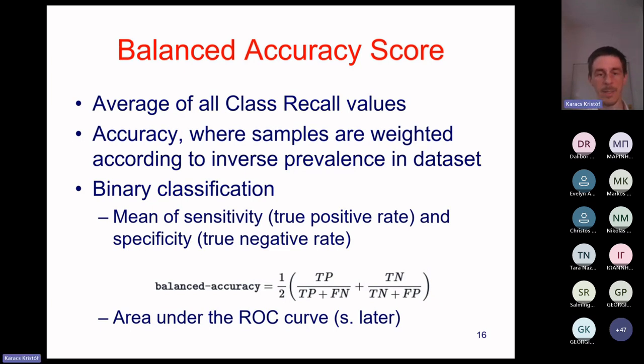You could also do this using accuracy, where the samples are weighted according to the inverse prevalence in the dataset. For a binary classification, you can just simply take the mean of the two classes.